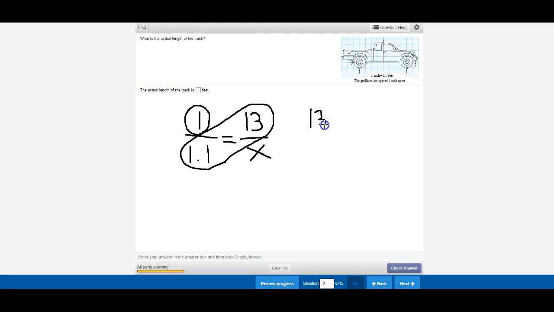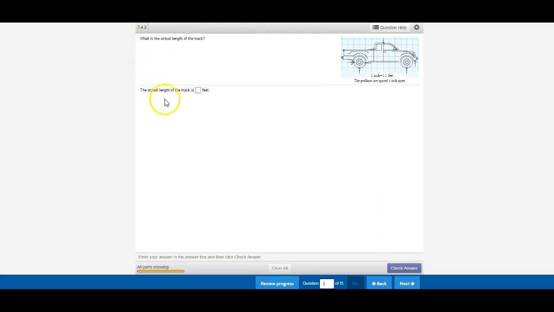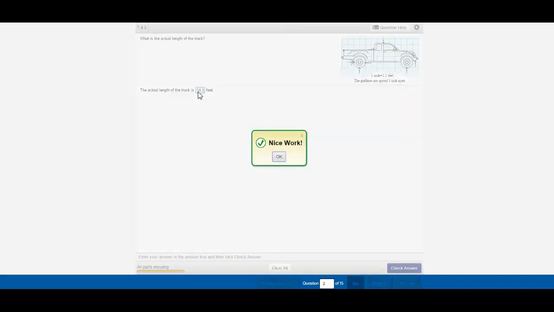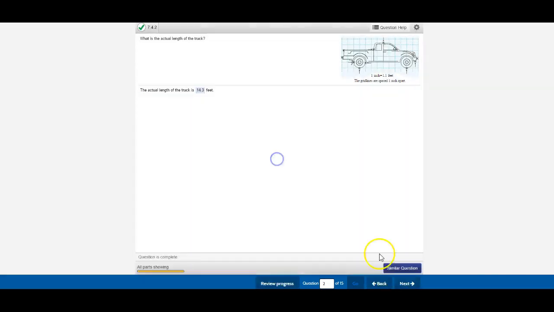So I've got my 13 times 1.1. And there's one number after the decimal up here, so I should have one number after the decimal there. So it should be 14.3. Let's see if that's it. And that's it.